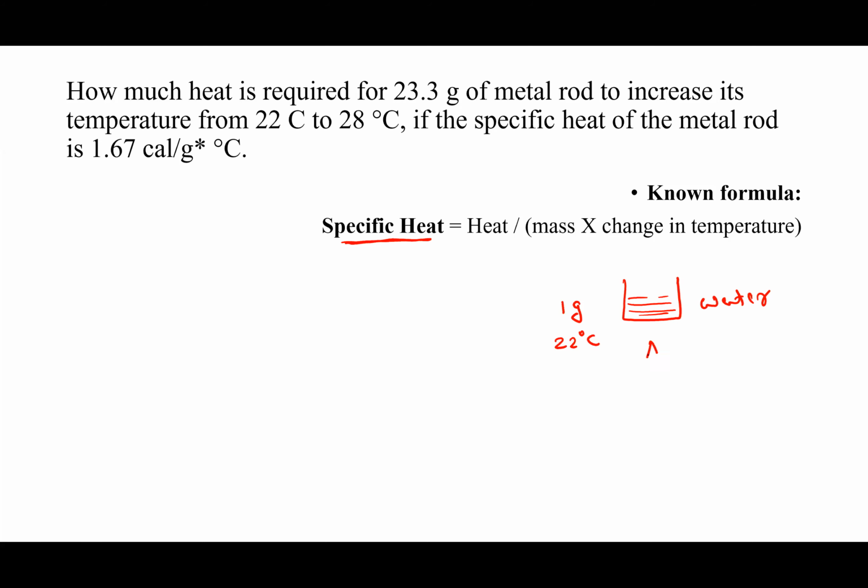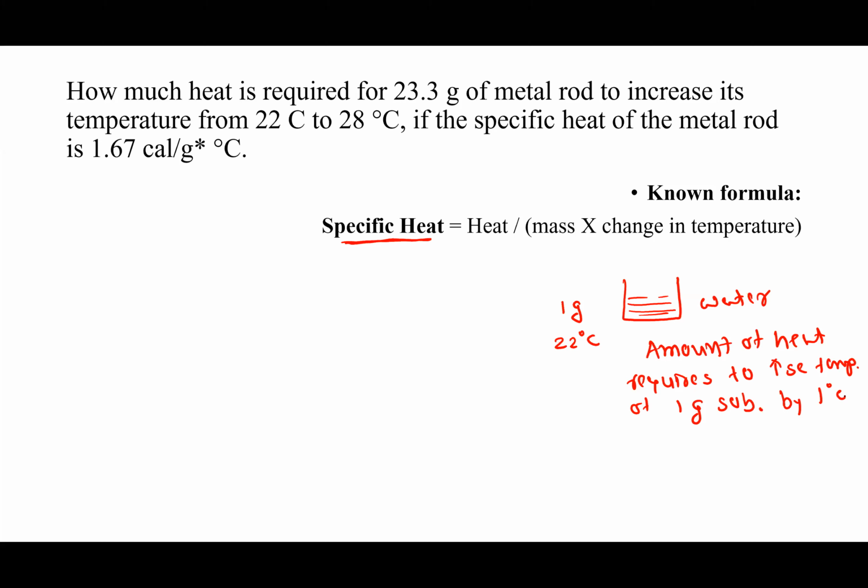It is the amount of heat that is required to increase the temperature of 1 gram of substance. It could be any substance. In this example, we took water. By 1 degree Celsius, or it could be Kelvin.